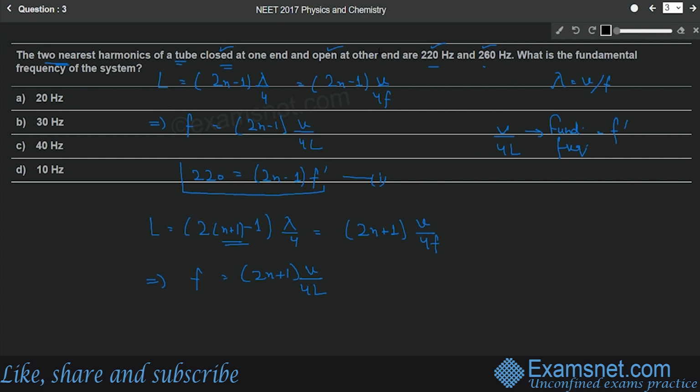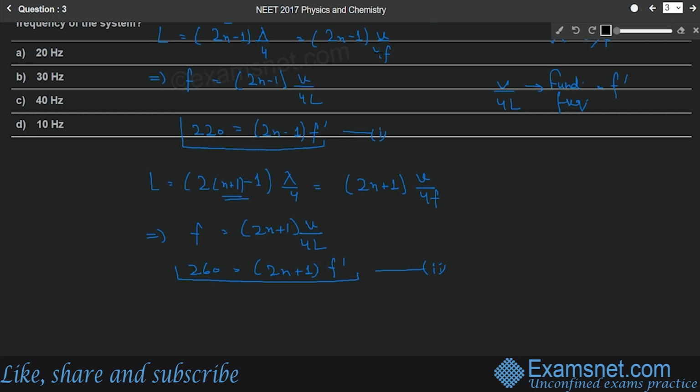And the value of this frequency is given as 260 Hertz. 260 Hertz equals (2n plus 1), and V by 4L can be written as fundamental frequency, that is f dash. Okay, so this will be equation number 2. Now we can solve equations 1 and 2 to find the value of fundamental frequency, right?